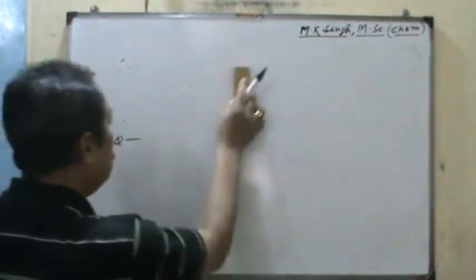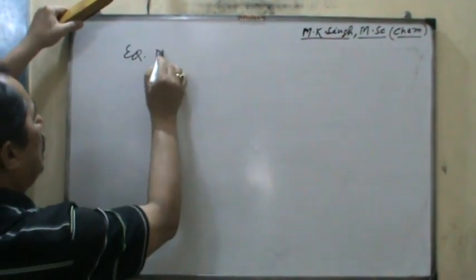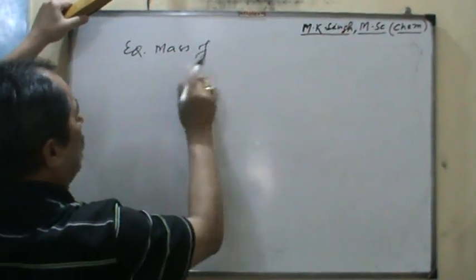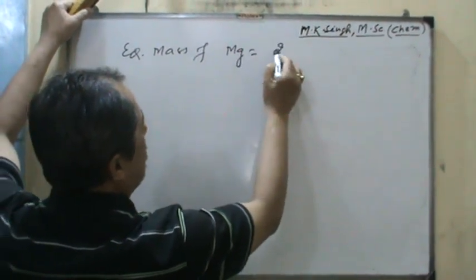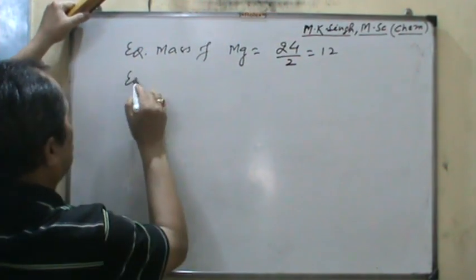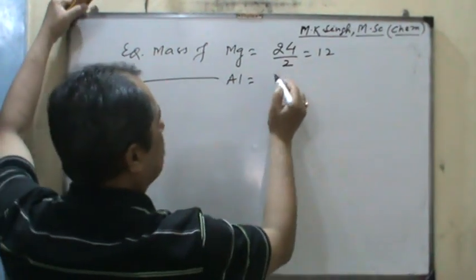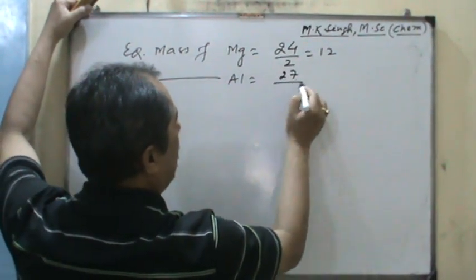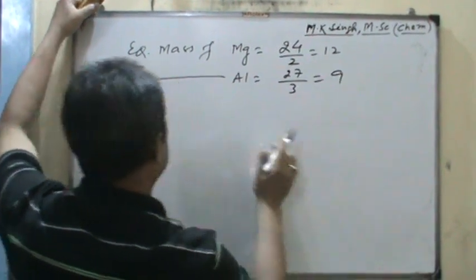Same way you can go for the equivalent mass of magnesium. What is the atomic mass of the magnesium? And valency is 2. So what is your answer? 12. Equivalent mass of aluminium. Atomic mass is 27 and valency is 3. So what is your answer?